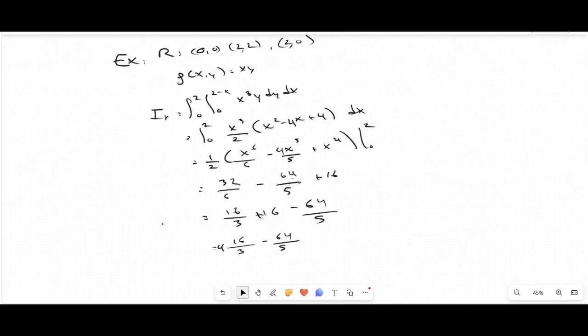So then this one was x to the fourth over 5. Yes.